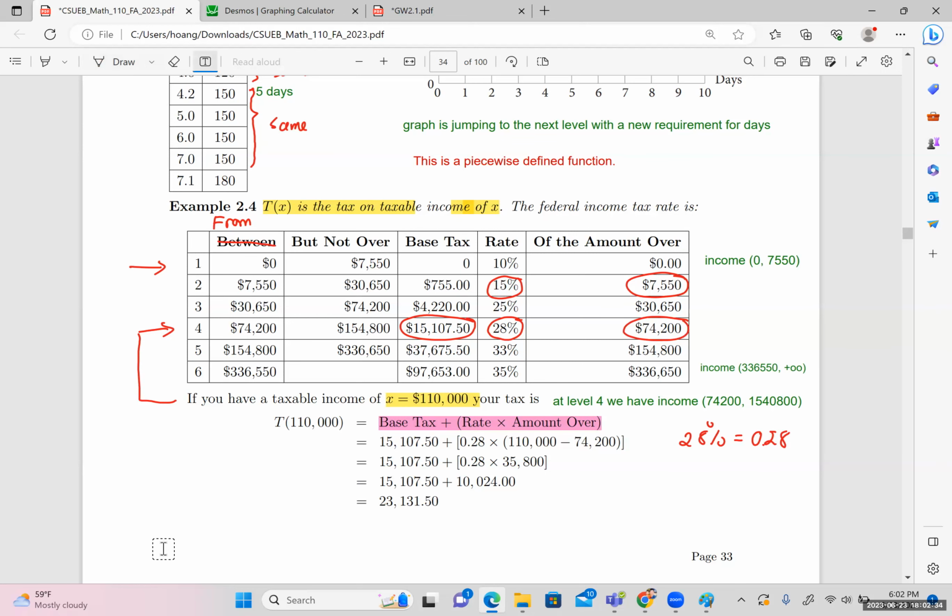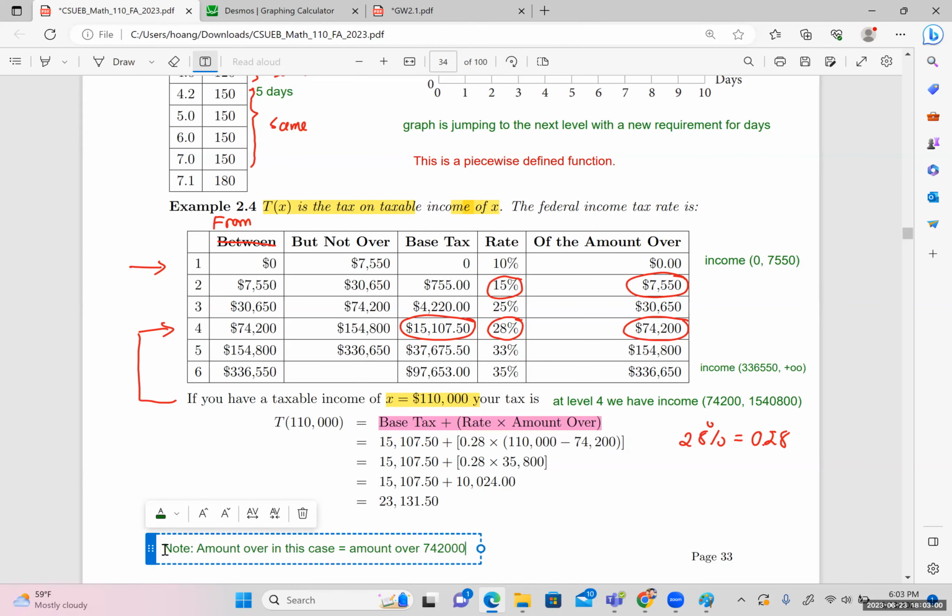So I'll write around here: amount over, in this case, is the amount over 74,200.